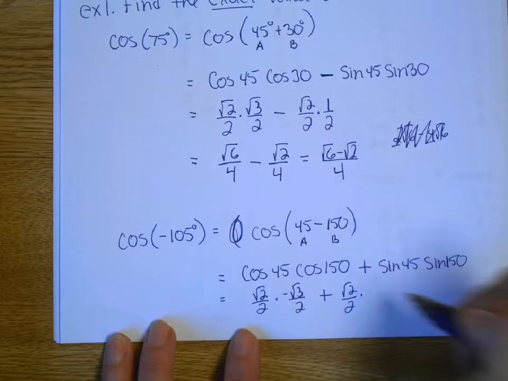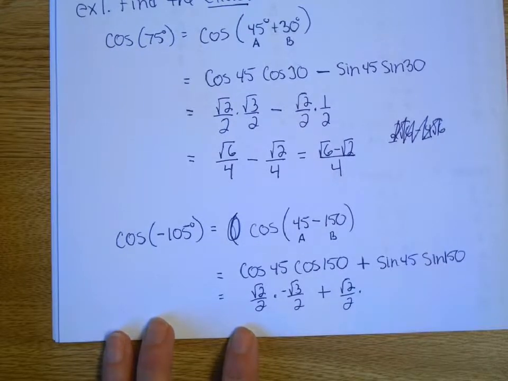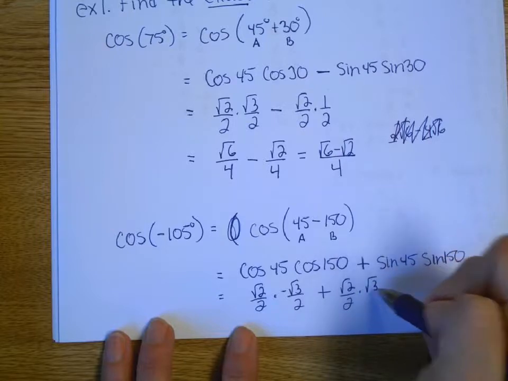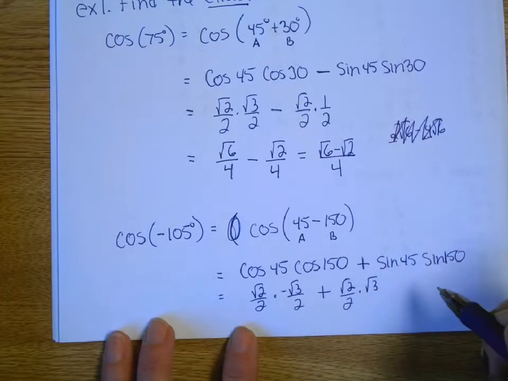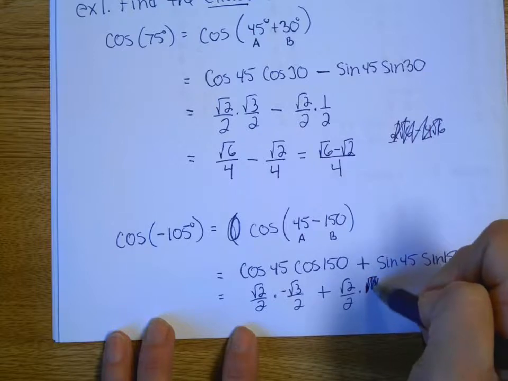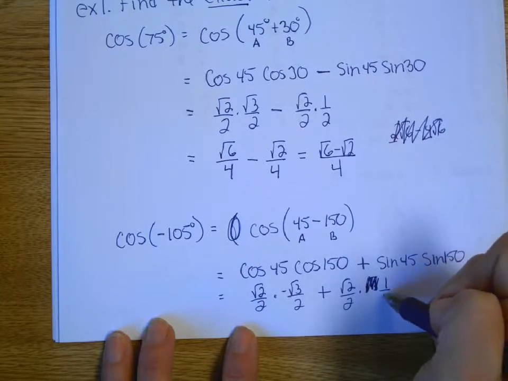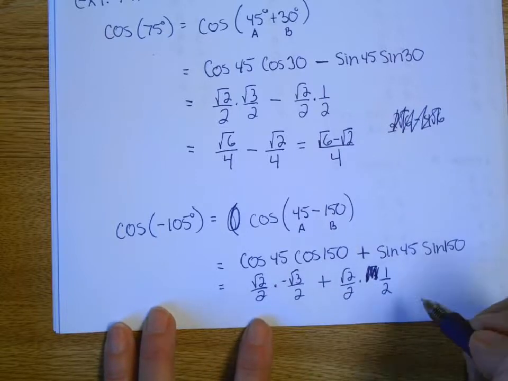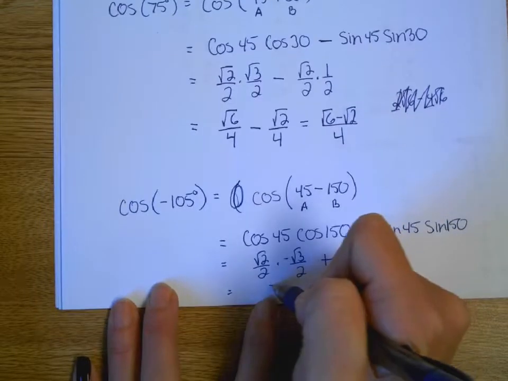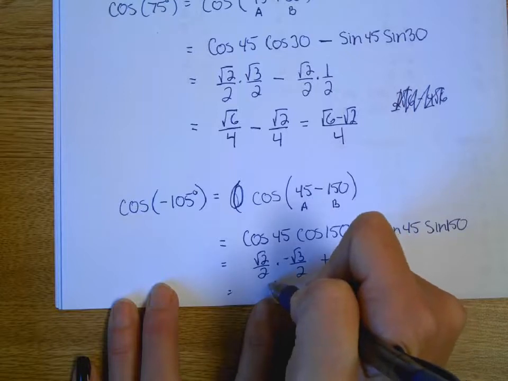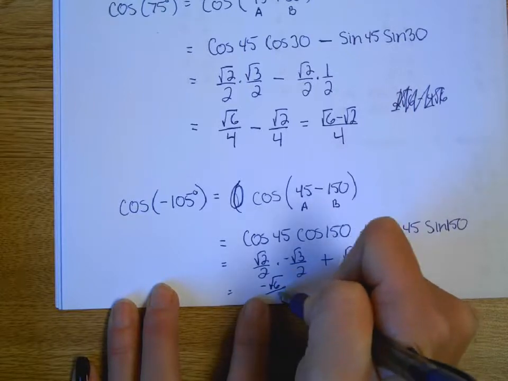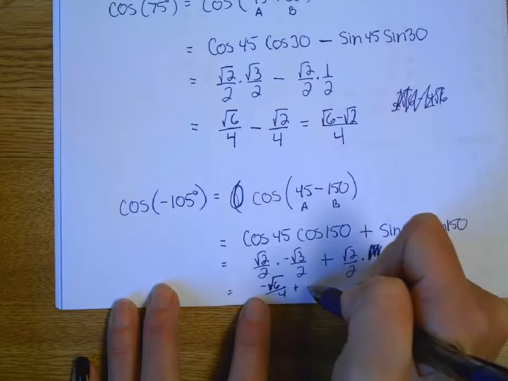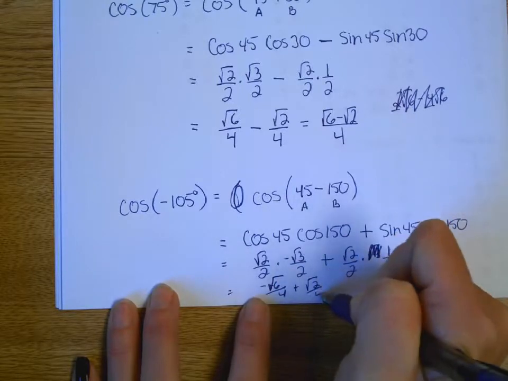And then the sine of 150 is positive 1/2. So we're going to have negative square root of 6 over 4, plus square root of 2 over 4.